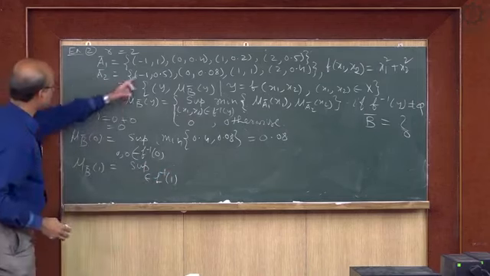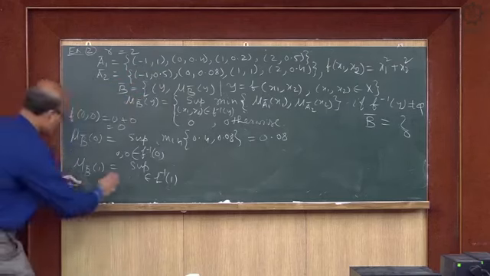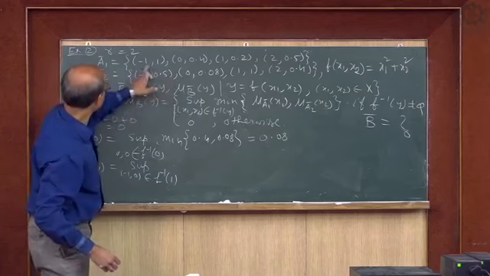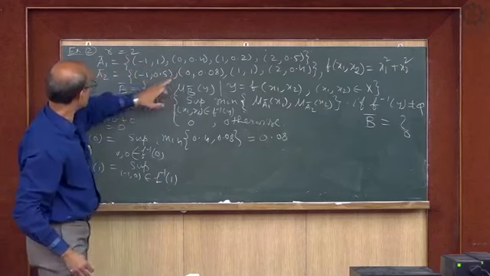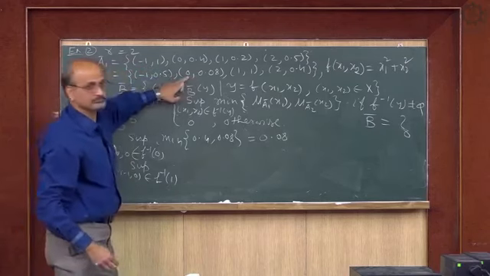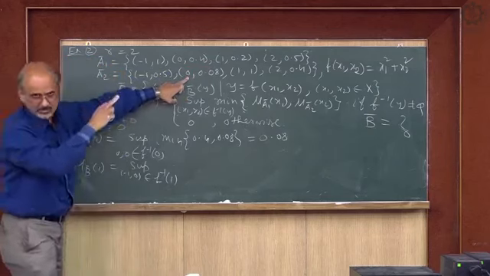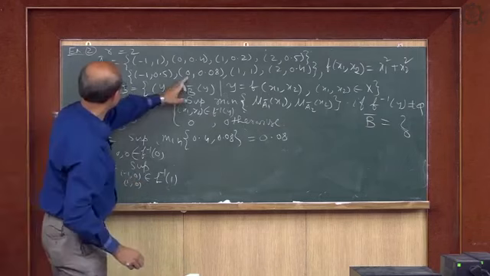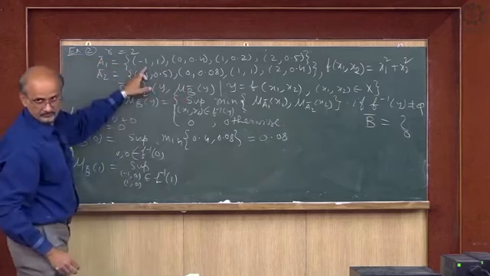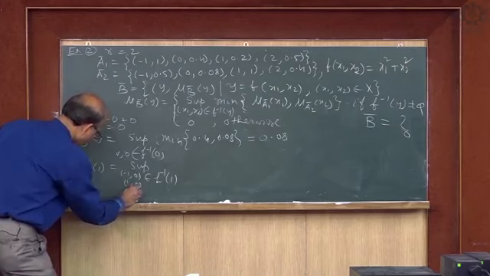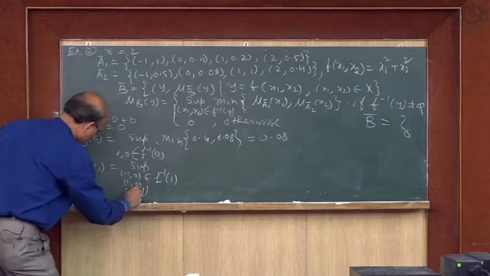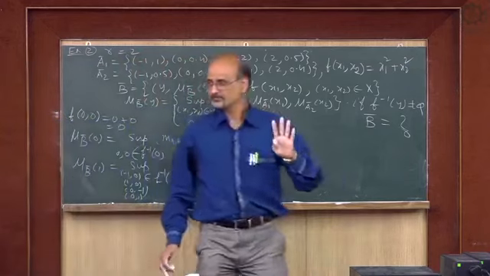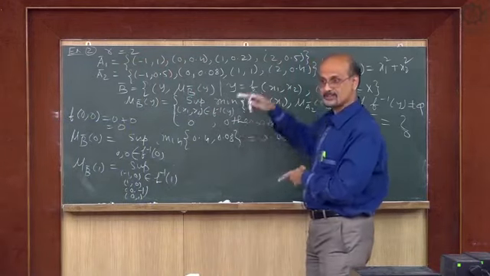Minus 1, 0 is the first one. Then 1 and 0, I am taking first A. Next is 0 and minus 1, and the last one will be 0 and 1. That is why you have to take the minimum of all those and then the sup.